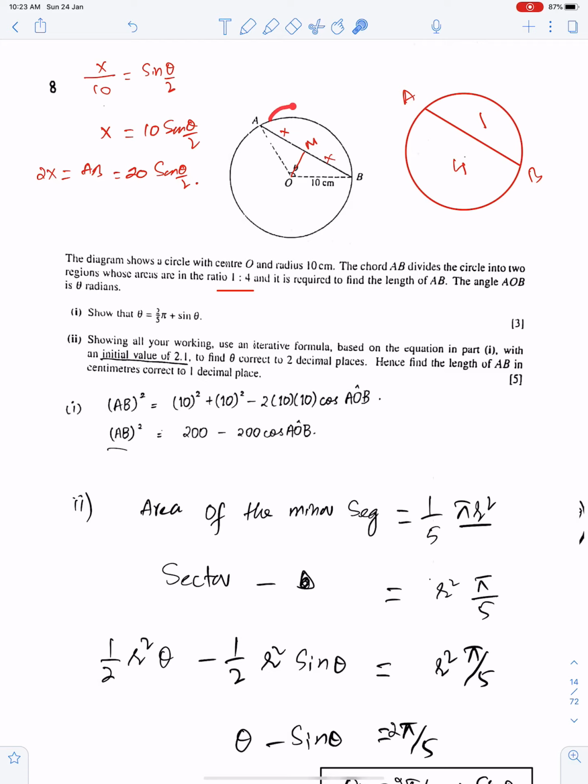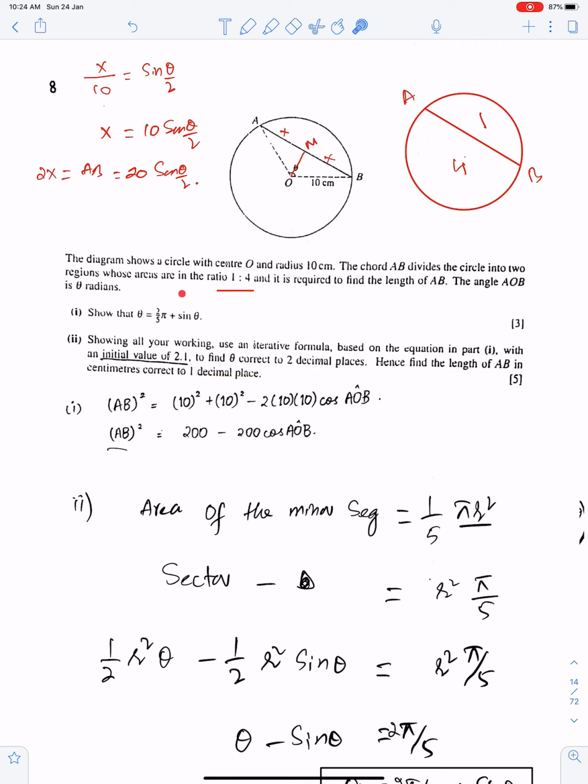So first get the length AM by using sine in this triangle. AM is this length, and AB is twice AM. So this is another way of getting AB. You have options, either use the cosine rule or use sine in this triangle, because we need the length of AB in the next part.